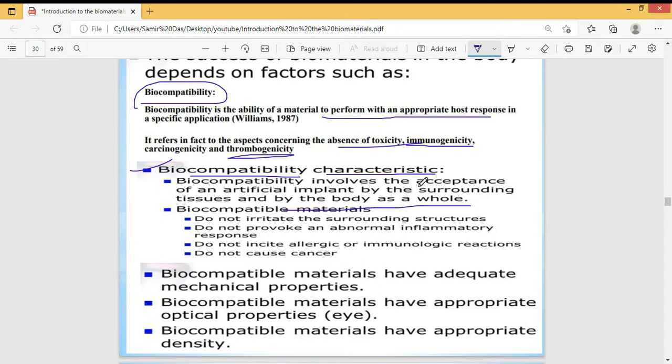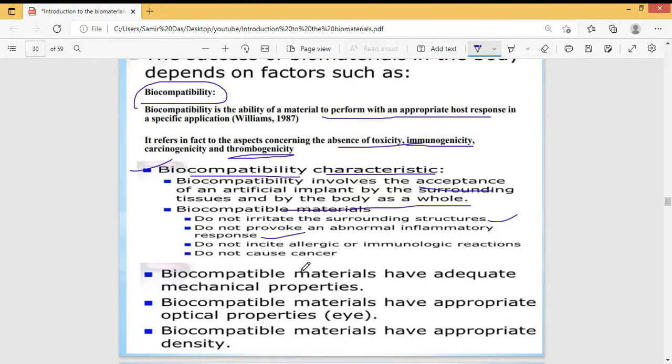Biocompatible materials do not interact with the surrounding structure, do not provoke an abnormal inflammation response, do not incite allergic or immunologic reaction with the body, and as a whole do not cause any cancer formation.